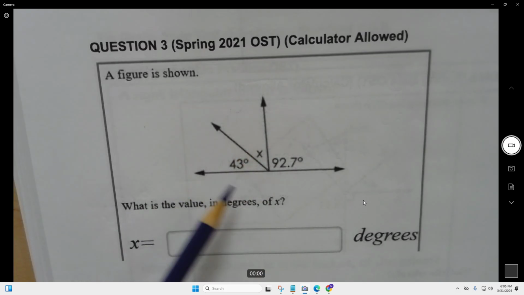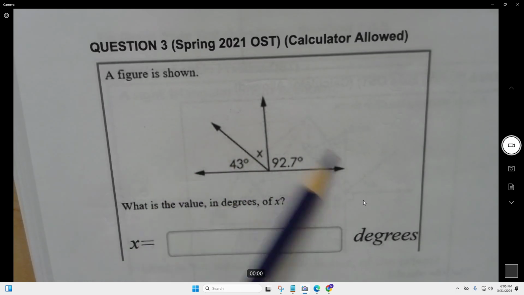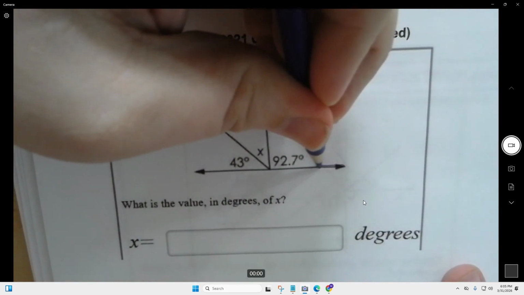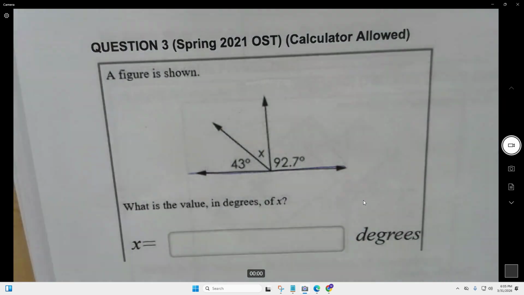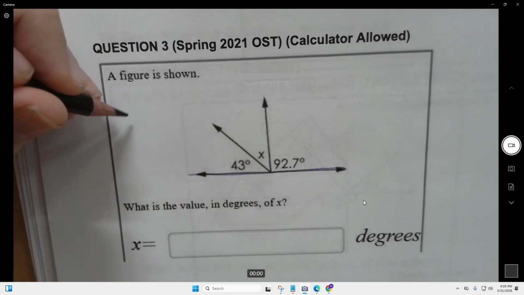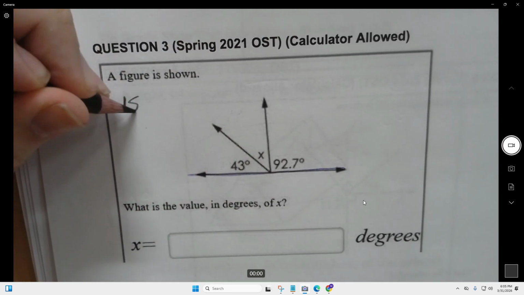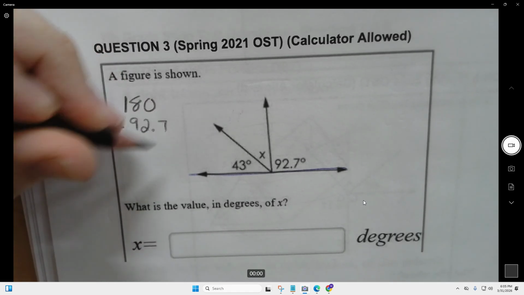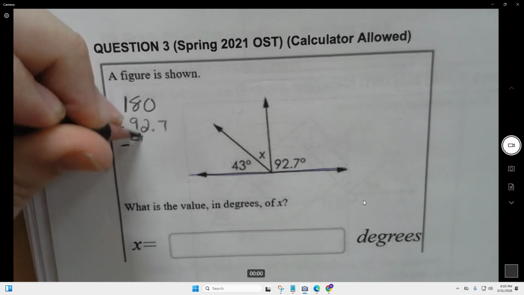These three are supplementary because they're part of a straight line, which, as we just said, is 180 degrees. You're allowed a calculator for this question, so all you're going to do is 180 minus 92.7 minus 43.